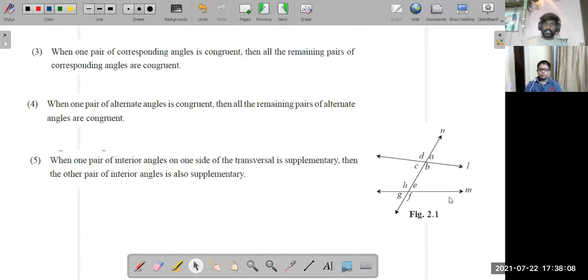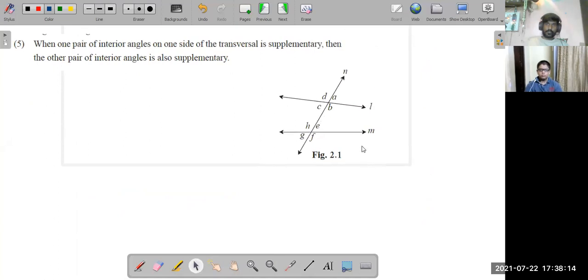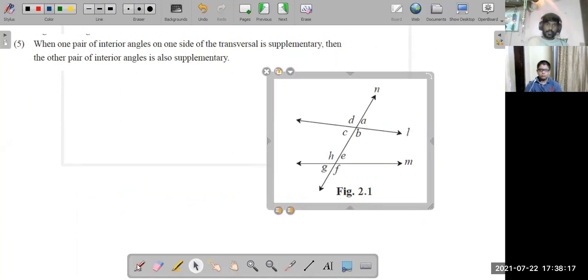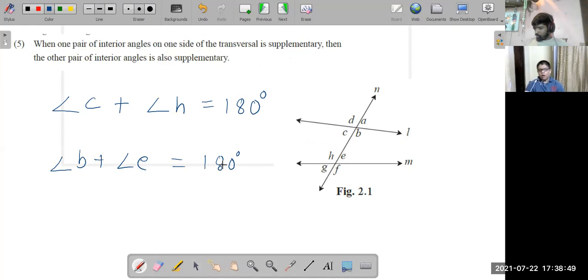If you see in this, one pair of interior angles is angle C and angle H. If this is supplementary, that means if you add them and get 180 degrees, then the other pair also will be supplementary. That means angle B plus angle E will also be 180 degrees. Is this clear? So if one pair is supplementary, the other pair is also supplementary.